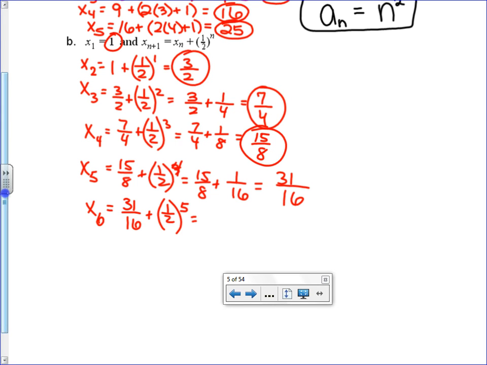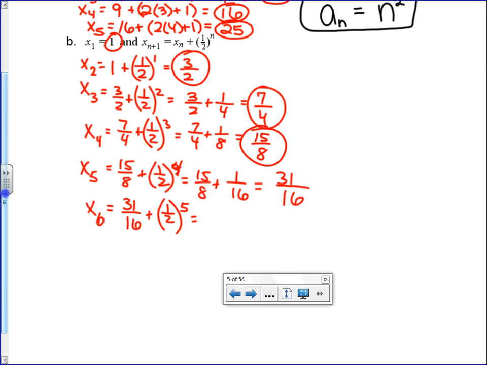So it's plus 4 plus 8 plus 16. Not a power of 4, but a power of 2.